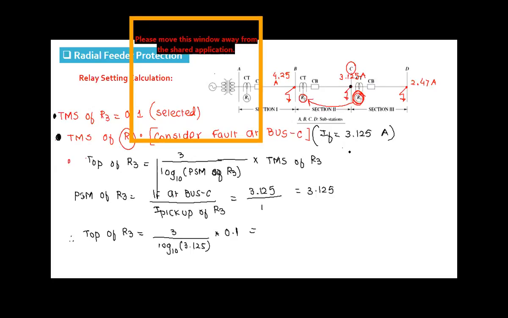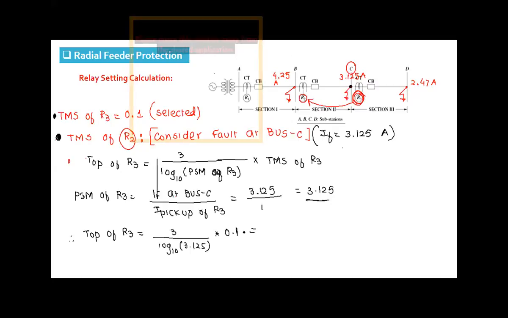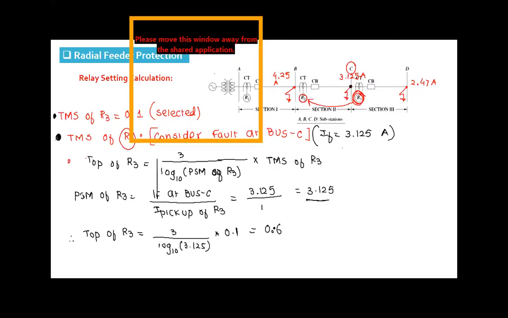Three upon log PSM of R3, that is 3.125, into TMS of R3, 0.612. 0.606. Nikhil, correct answer. Seconds.